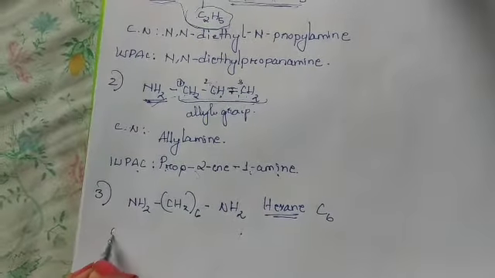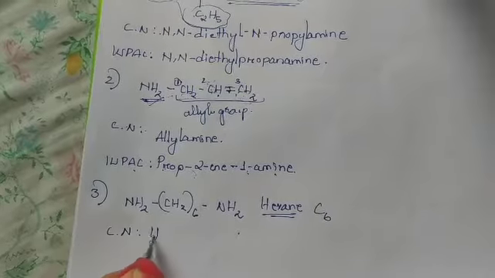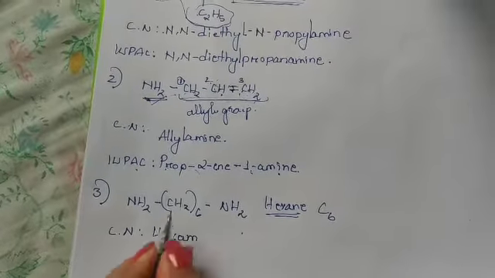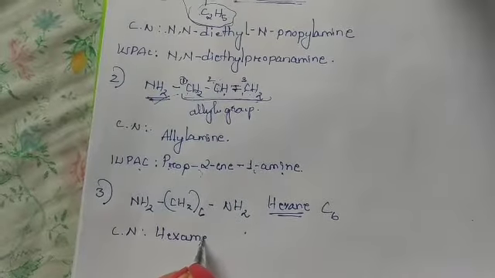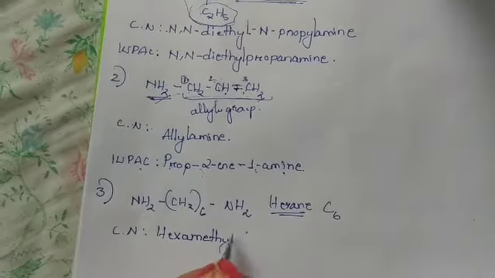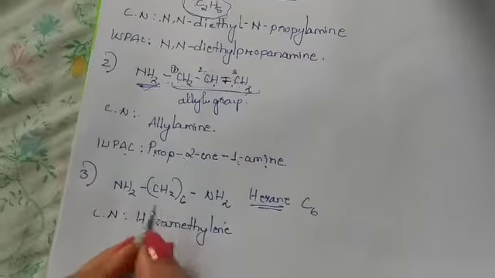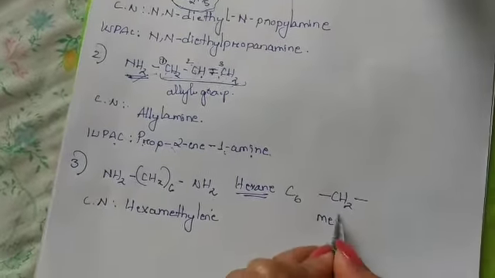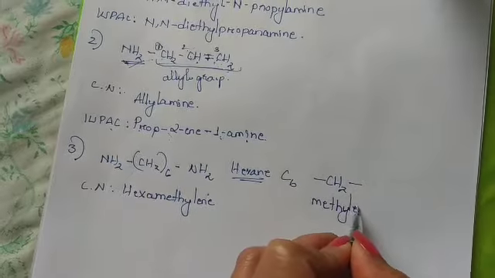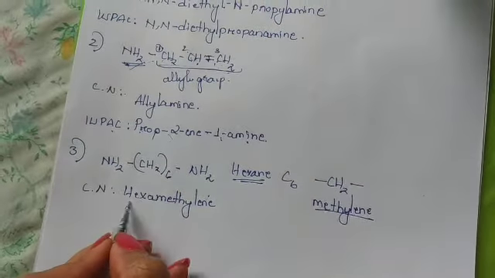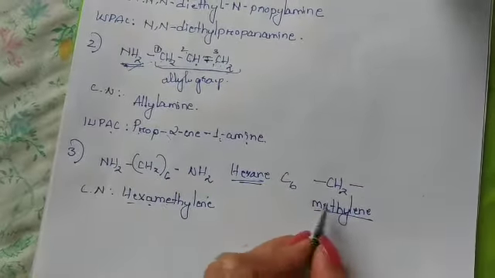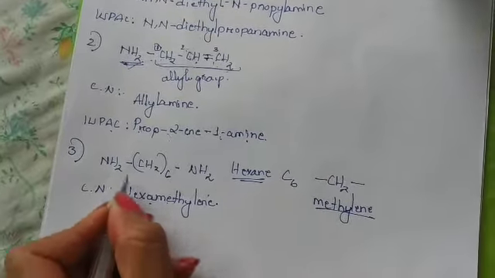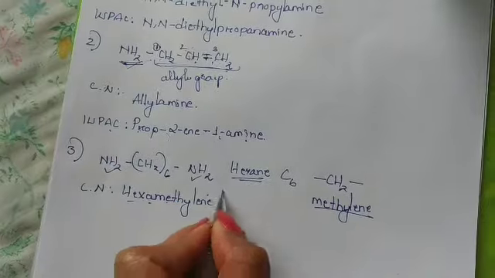Therefore the common name will be hexa, 6 carbon atoms, methylene. Now the group CH2 is known as methylene, therefore hexa, 6 carbon atoms, methylene. There are 6 methylene groups and 2 amine groups, therefore diamine.